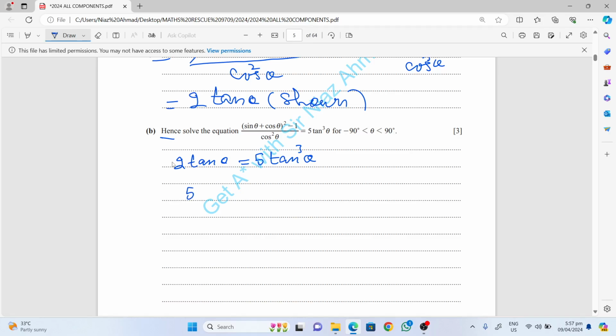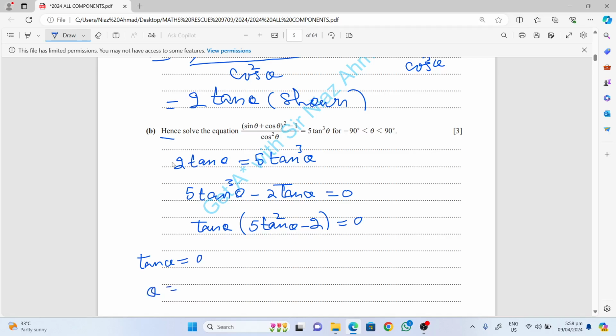So 5 tan cube theta minus 2 tan theta equals 0. Take tan theta common, so it would be tan theta times (5 tan square theta minus 2) equals 0. So you can say tan theta equals 0.